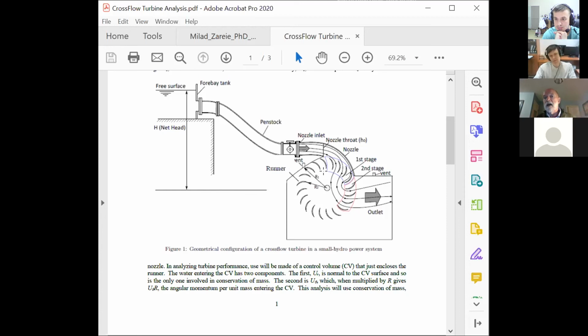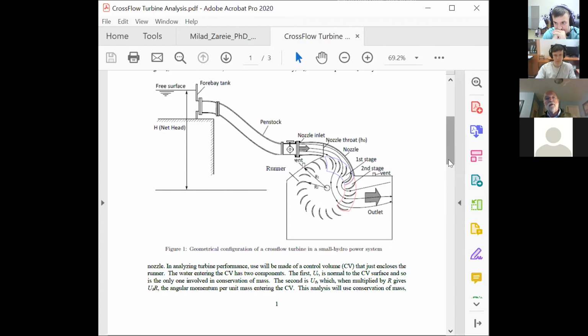If you compare that to, say, a Francis turbine, that has a very complicated blade design, and particularly when you're talking about small turbines, that can mean that a small Francis turbine is very expensive. So a cross-flow turbine is a good turbine to use, particularly when you're looking for small-scale systems, and for reasons that I'll talk about in subsequent lectures, when you have a fairly small head.